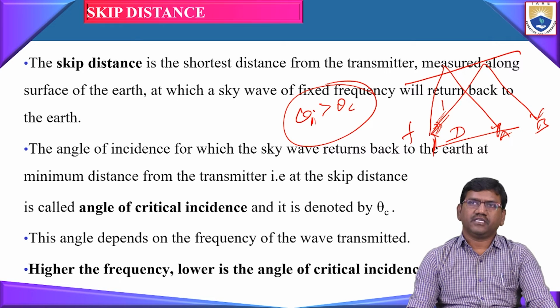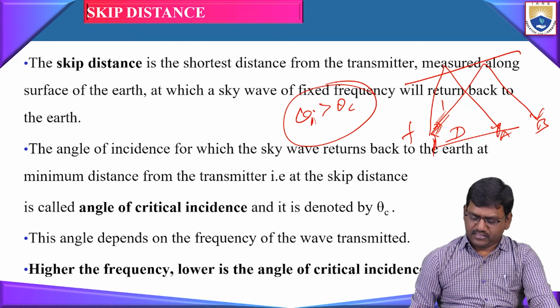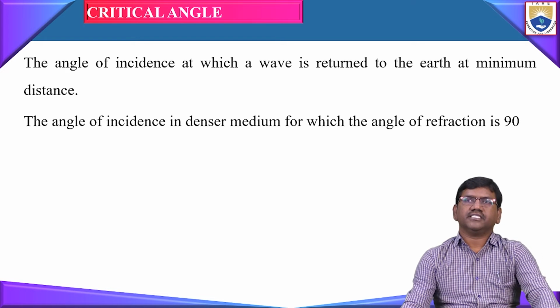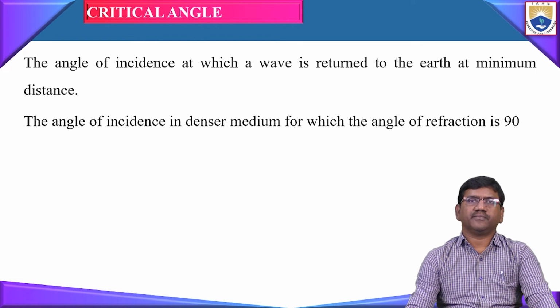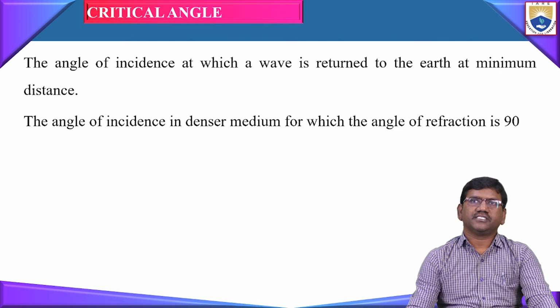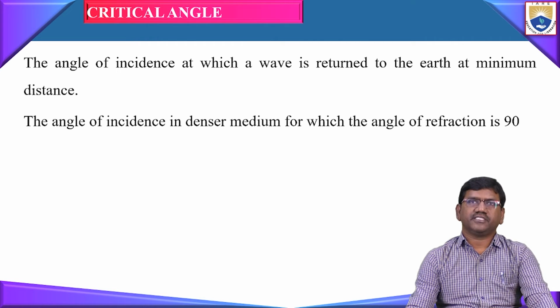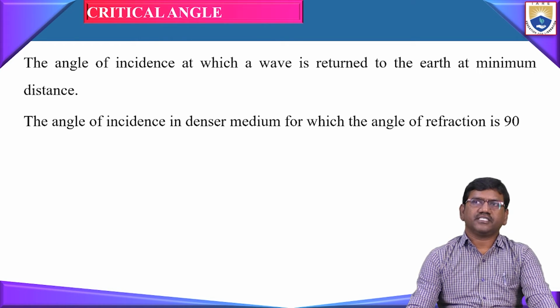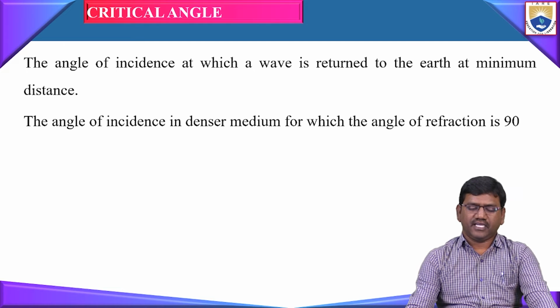So higher the frequency, lower is the critical incidence. Let us see what the critical angle is. The angle of incidence at which a wave is returned to the earth at minimum distance, or the angle of incidence in the denser medium for which the angle of refraction is 90 degrees, we call the critical angle.